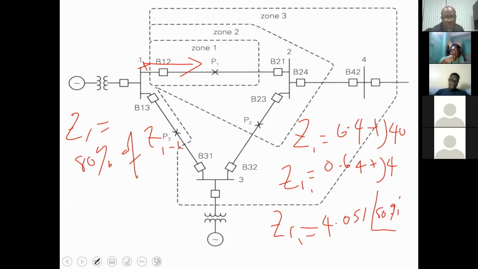Well, that's 1, 3 or 2, 3, sorry. So we're looking out. All right, so we have 2, 3, and we have 2, 4. So which one are you going to choose? 2, 3. Yes, sir. 2, 3.